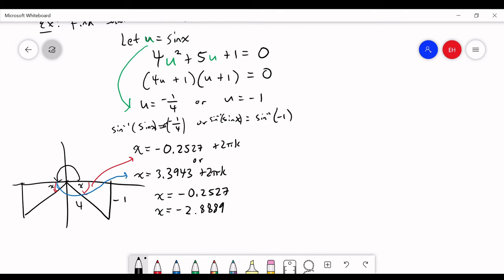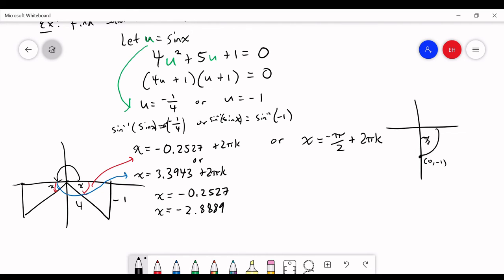So if k is 0, negative 0.25, that's in between negative pi and pi. So I include that. And if I add 2 pi to that, I'm going to be outside of my interval, right?